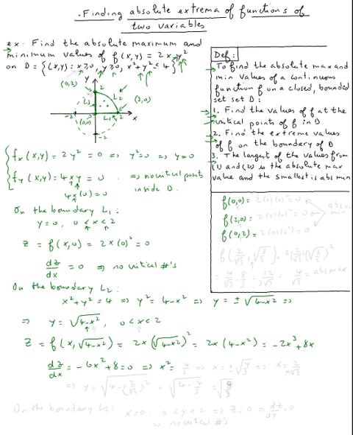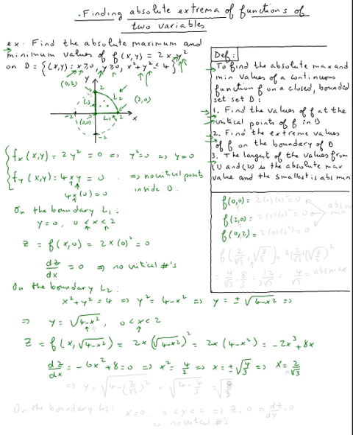Yes, x squared will be equal to minus 8 over minus 6, which is 8 over 6, which is 4 over 3. Now x will be equal to minus or plus the square root of that. But we know x is positive, right? x is between 0 and 2 actually. So we only pick the positive one. So x will be equal to 2 over the square root of 3.